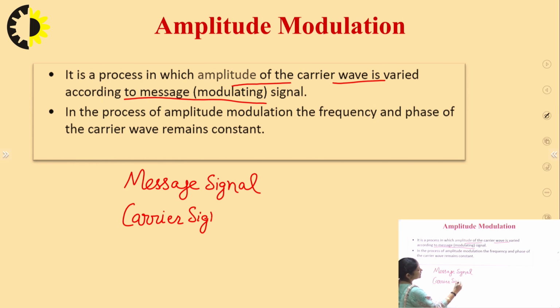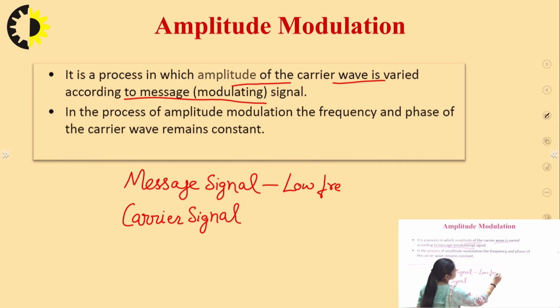Why it is called carrier? Because it will be carrying our message signal, so that is why it is called carrier. Message is always a low frequency signal and carrier is always a high frequency signal.